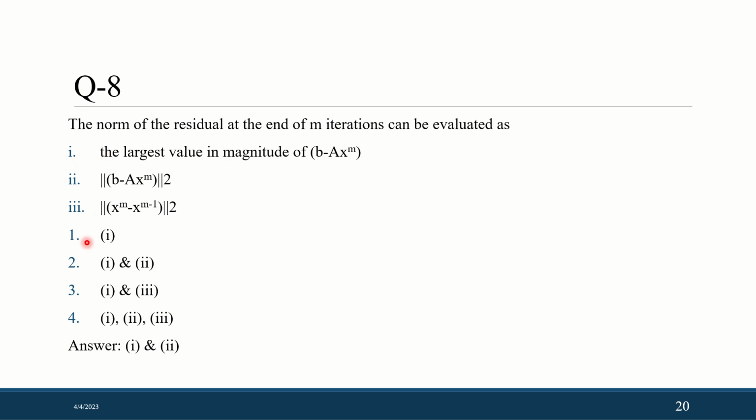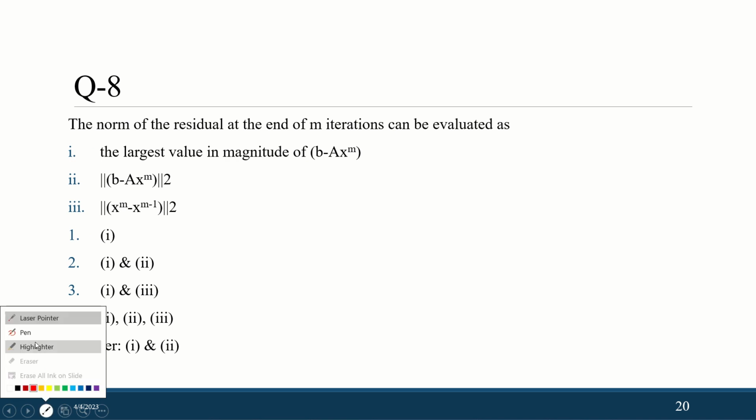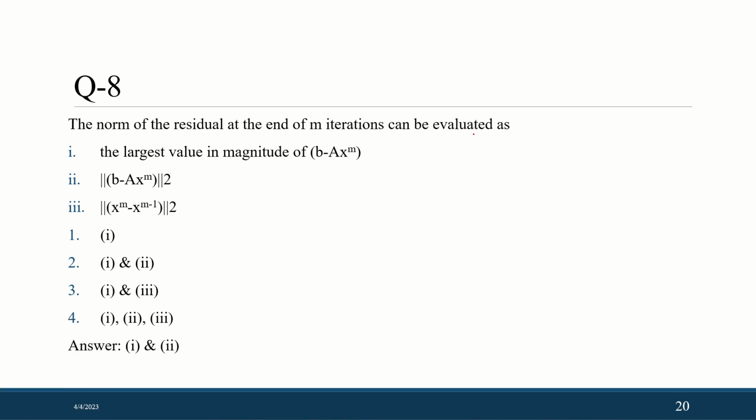Like, what is residual is that, we are considering the matrix, we are solving it as Ax is equal to b, right?